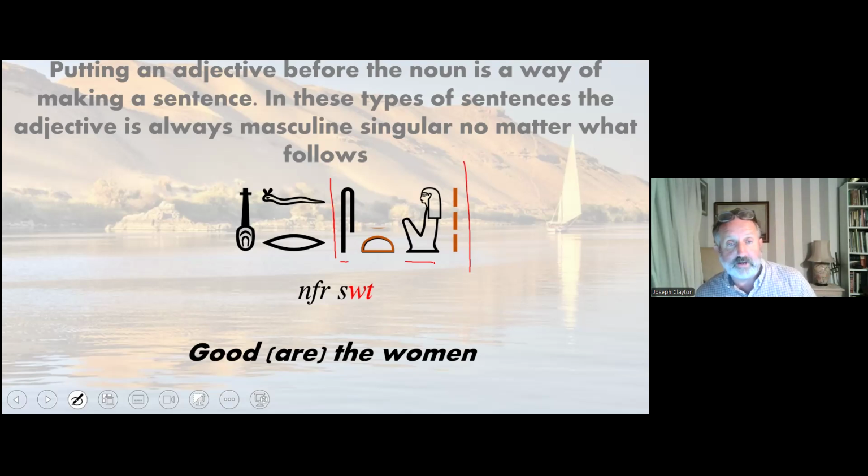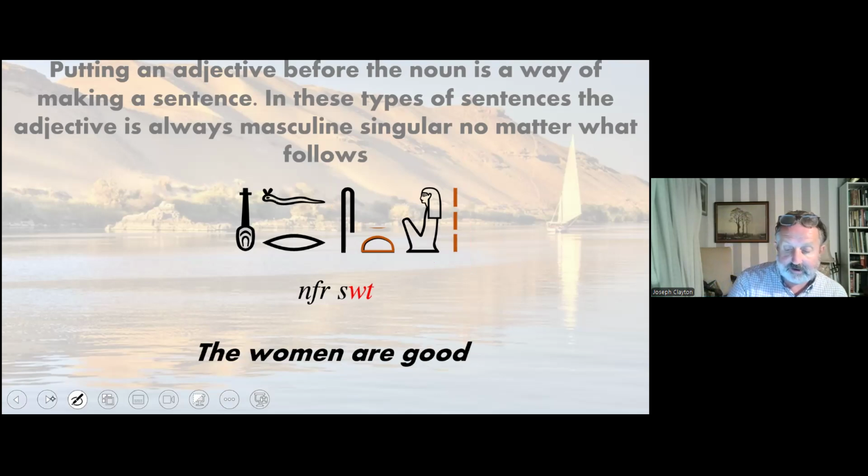It's well worth learning those, so it'll save you a lot of time in the long run. But yeah, the way you would know where one word finishes and one word ends here is because you've learnt nefer, because it's a really common word. So that would be good are the women, which would mean the women are good.